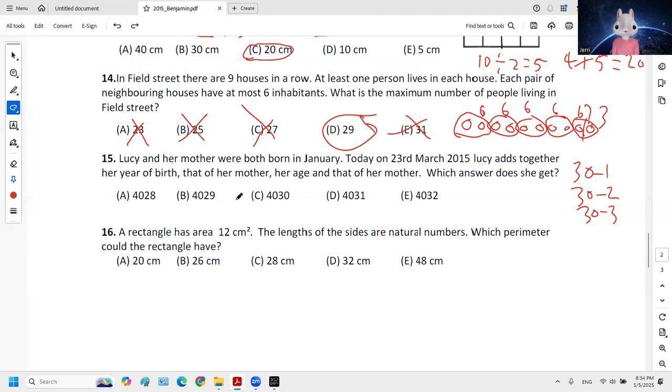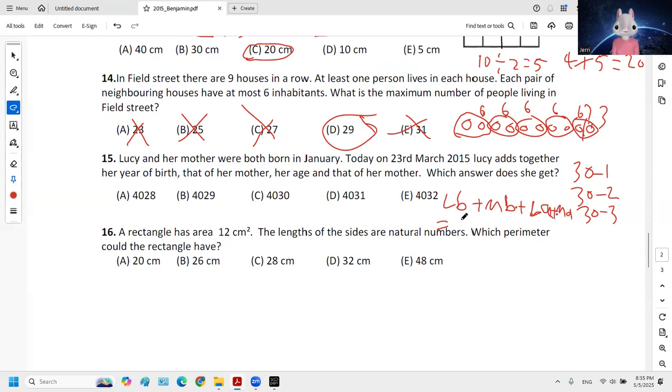So right here, that means Lucy adds her age, her year of birth, with her mother's year of birth, and her age, and her mother's age.